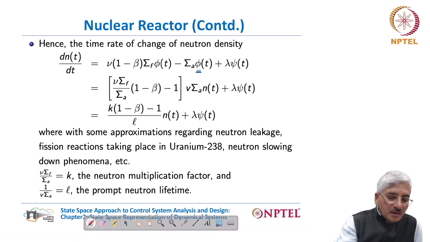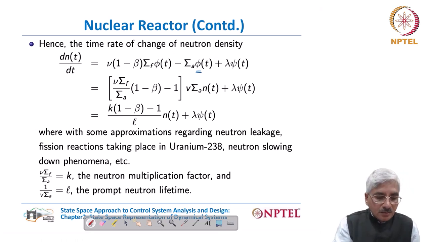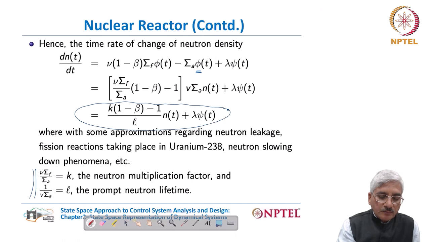You can check by doing the hand calculations that with the help of these two things, this can be brought to this form, which has only, you can see, 1, 2, 3 and 4 parameters.